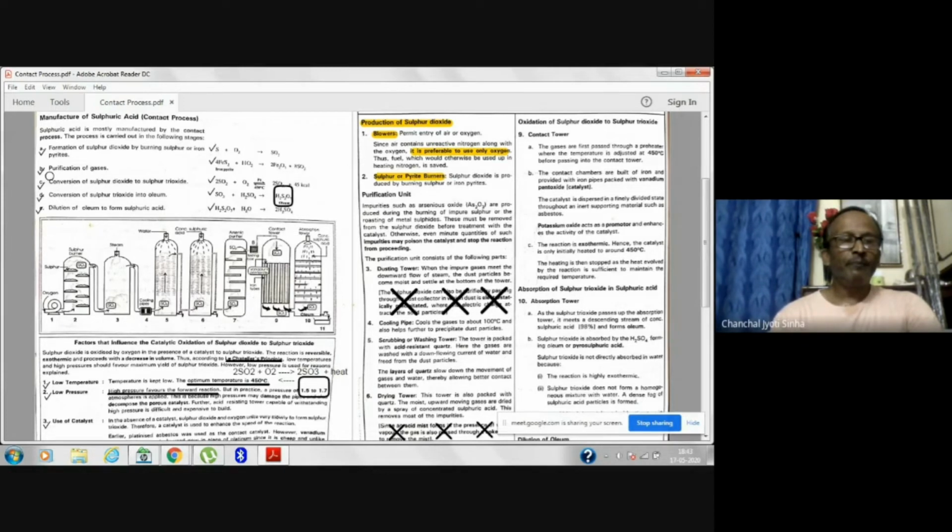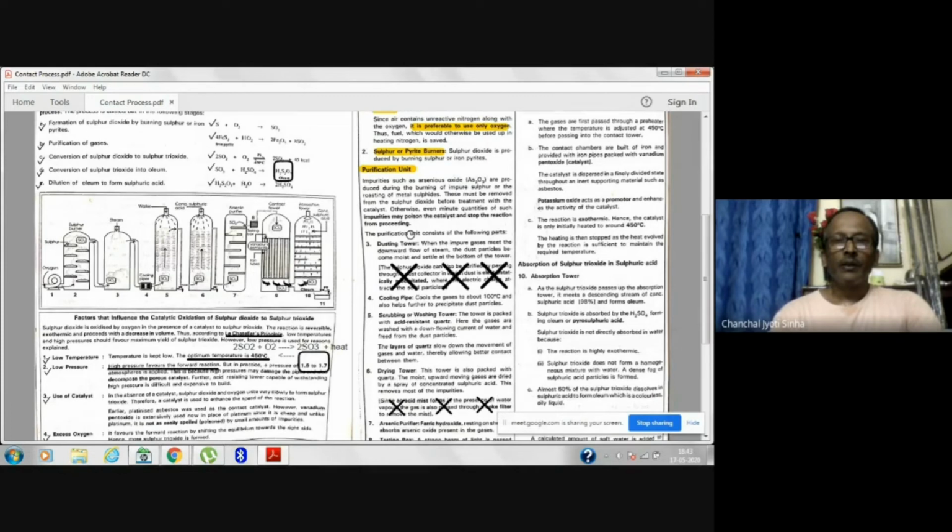it is stage B, purification of gases, and no reaction takes place. Purification unit. Why is it required?